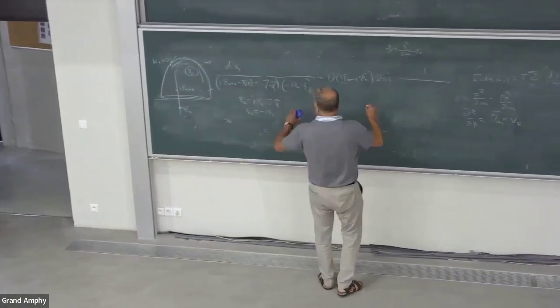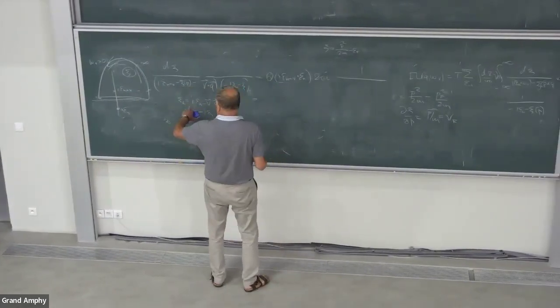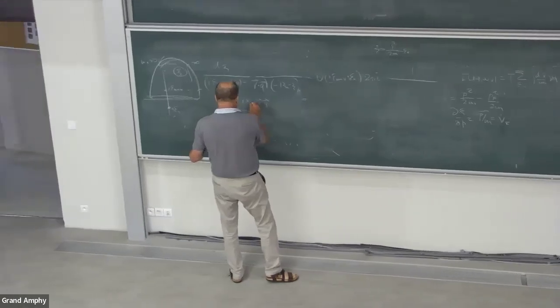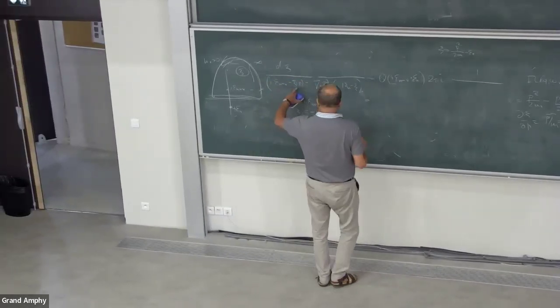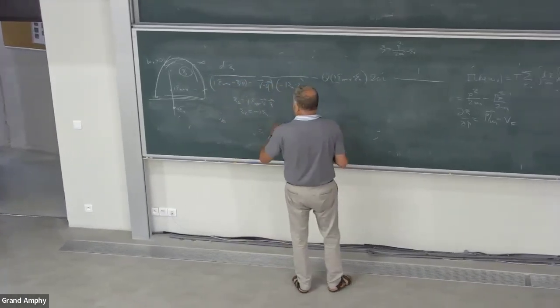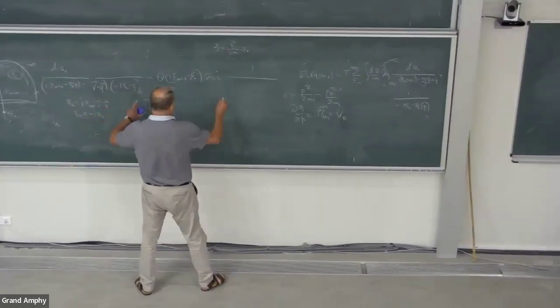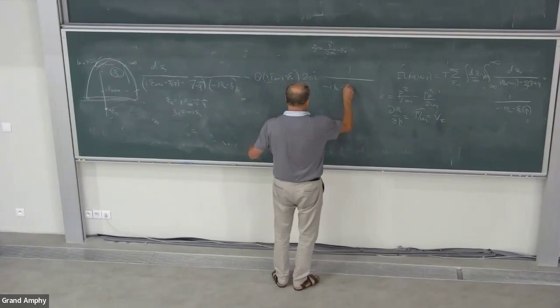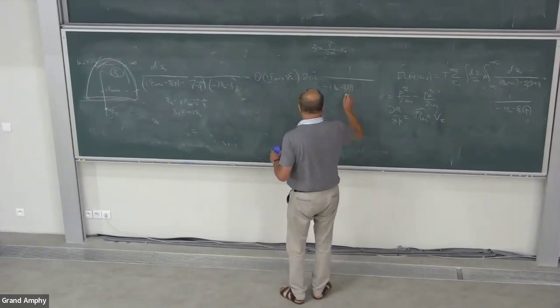So I will have, I take this pole here, epsilon n plus nu, so I will put in this pole here. So I will have minus i epsilon n minus xi of p, or minus xi.